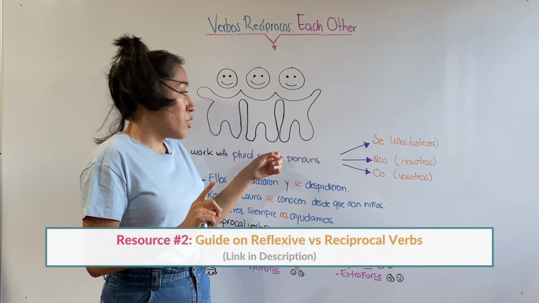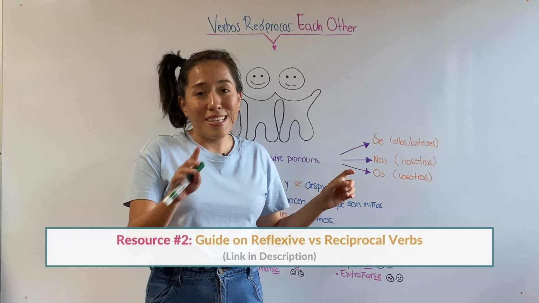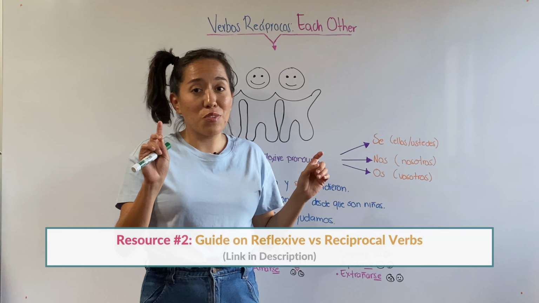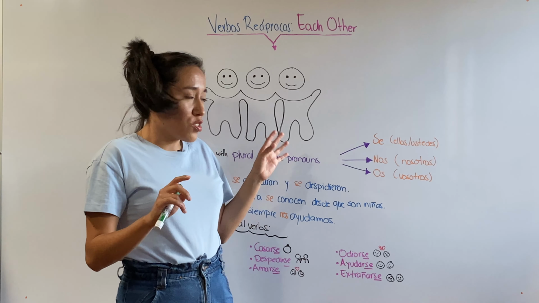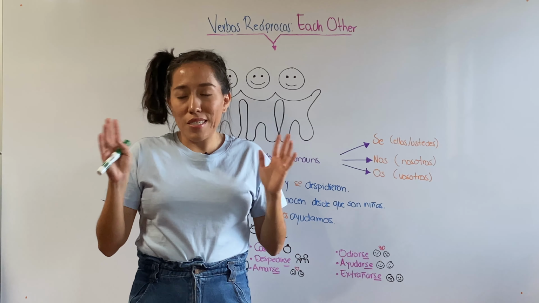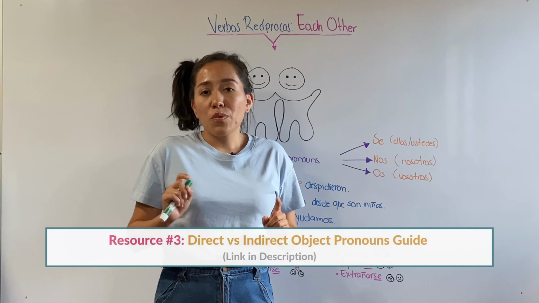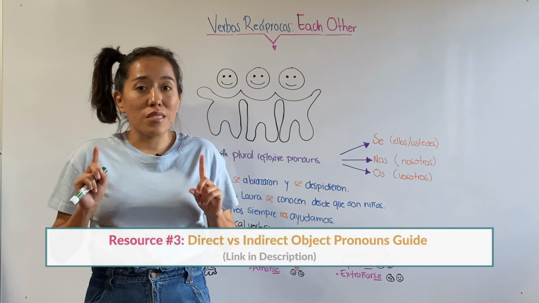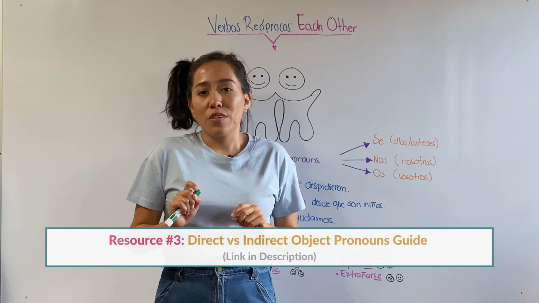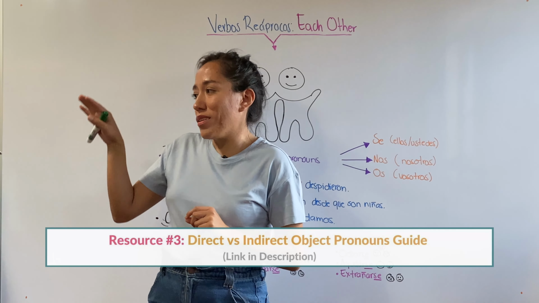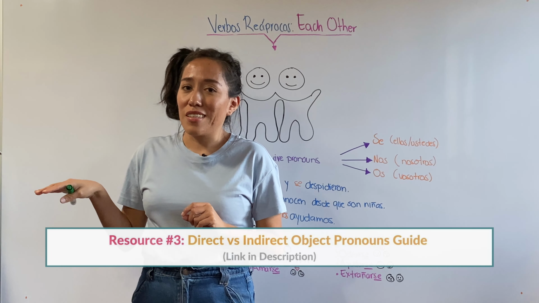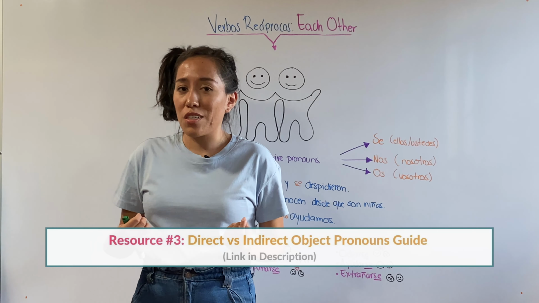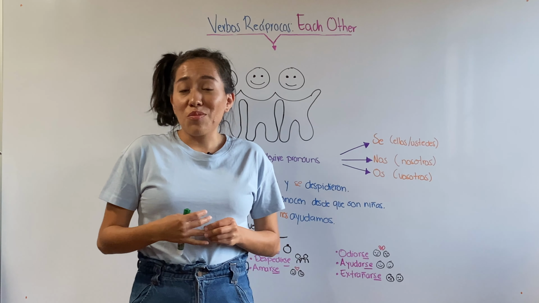The fact that we're using similar pronouns doesn't mean that these verbs are reflexive, okay? So just read our article so you understand the difference. And the third one is a guide to direct and indirect object pronouns in Spanish. Those are the pronouns that you are going to use when you have someone like my brother that is not reciprocating your action, okay?